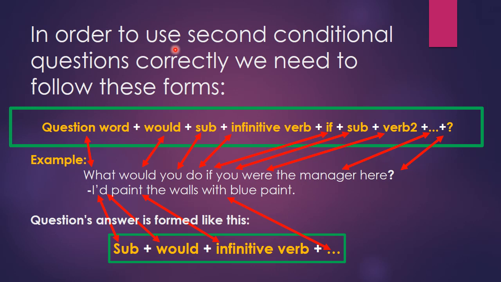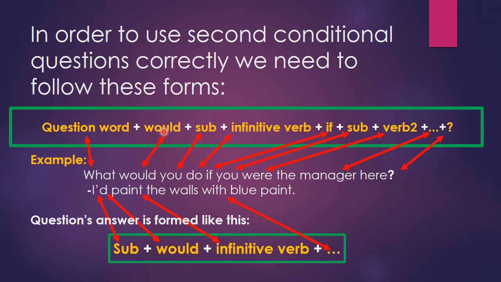Alright, so in order to use second conditional questions correctly, we need to follow these forms. Okay, so because it's a question, it needs an answer. So we have two forms, one for the question and one for the answers. Question word, you can use who, where, when, what, there's plenty of them.